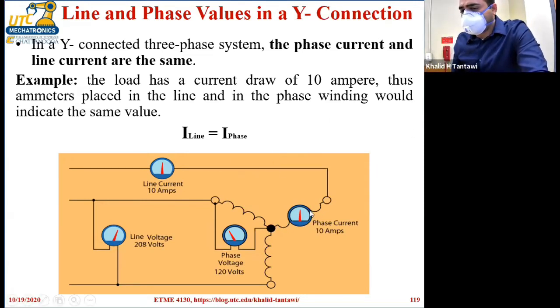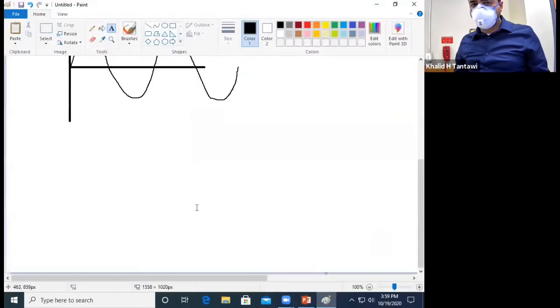Because the current passing through the phase is going to be the same as the current passing through this line. So line current is equal to the phase current for a Y. But the phase voltage is not equal to the line voltage. Let me write this summary over here. This is very important.